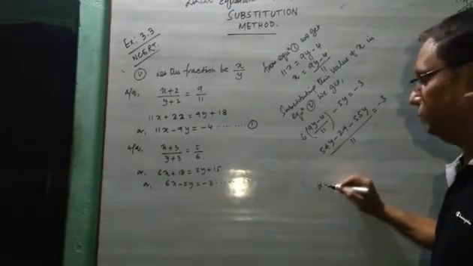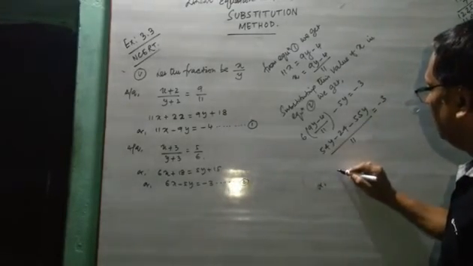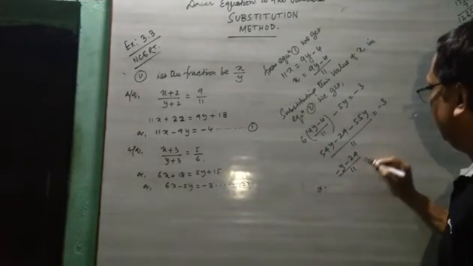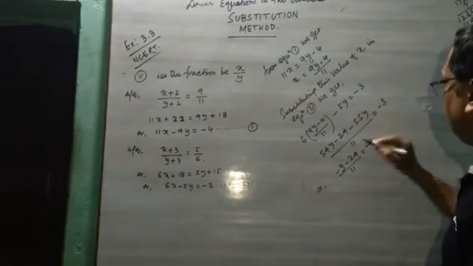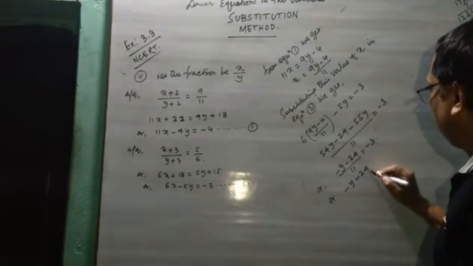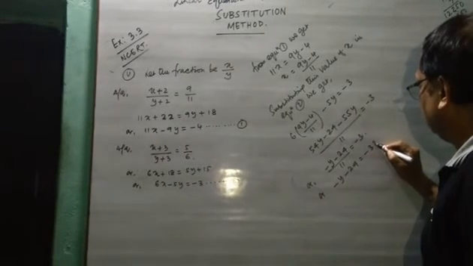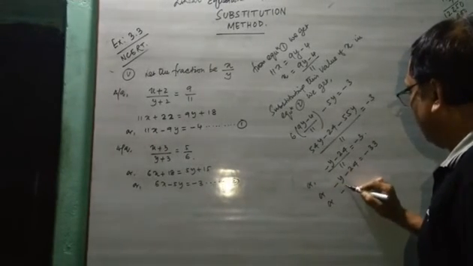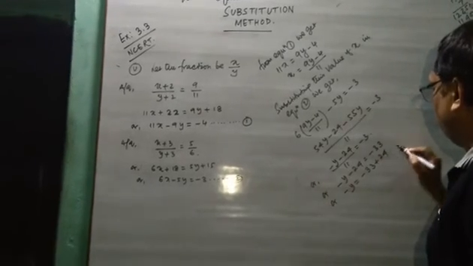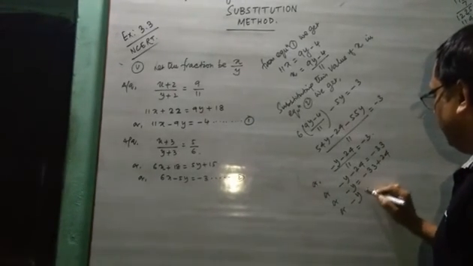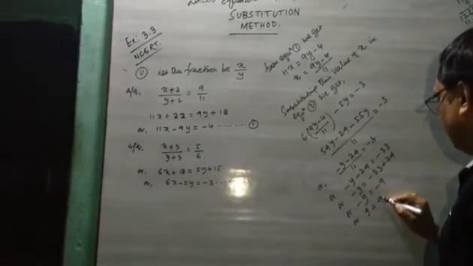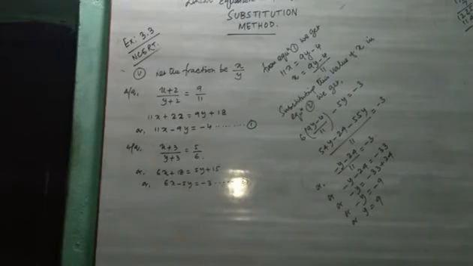Or minus y minus 24 by 11 is equal to minus 3, or minus y minus 24 is equal to minus 33, or minus y is equal to minus 33 plus 24, or minus y is equal to minus 9, or y equals 9. We have got the value of y equals 9.